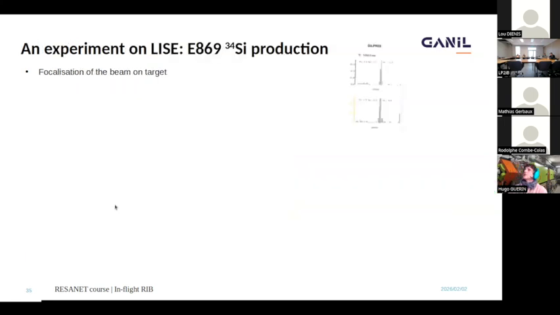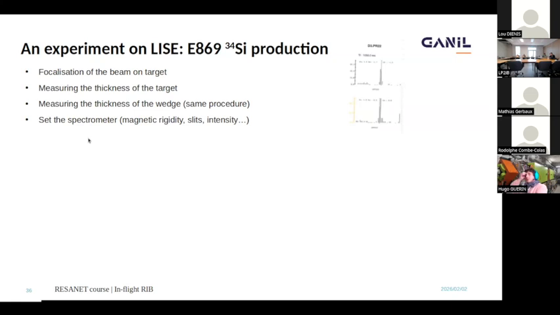And I will finish by telling you how we do the preparation of the beam for an experiment on this spectrometer. First, we have to do the focalization of the beam on the target, with the operators. So here is the beam profile on the target.